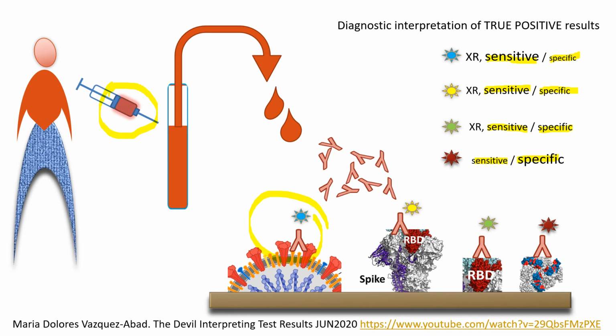So not being very sensitive will produce some false negative results if what you want to know is that the patient had the virus. For now, in July 2020, if you want to know if the patient is infected, you need to do the nasal swab or the throat. You need to use a nucleotide amplifying test.